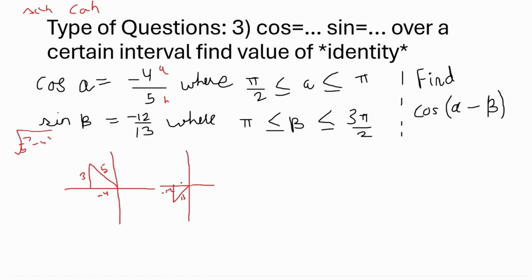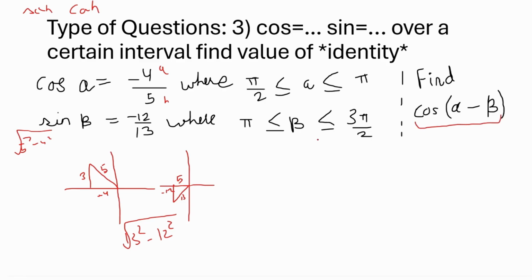To find this side, it's 13 squared, 169, minus 144, that's 25. So this is 5, and now we have the missing values.